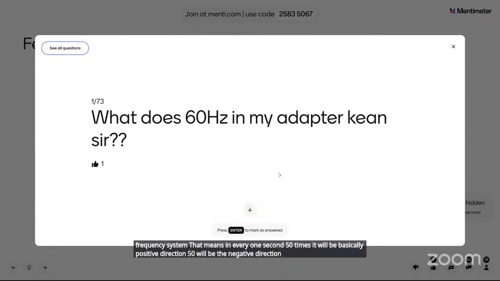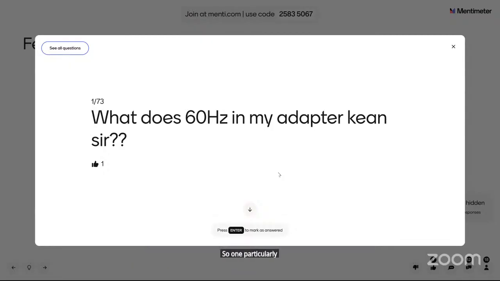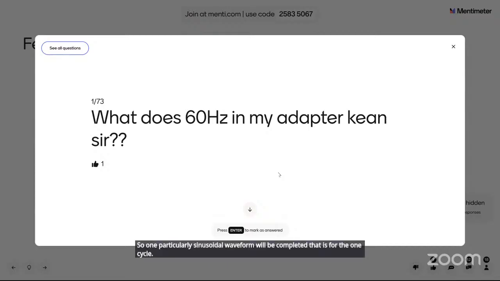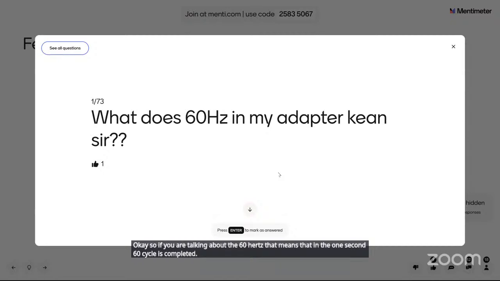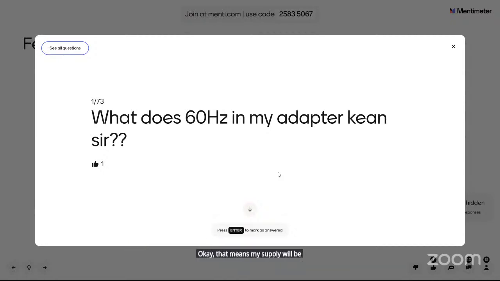For a sinusoidal signal, one sinusoidal waveform completed is called 1 cycle. So 60 hertz means 60 cycles are completed in 1 second, that is, my supply moves in sinusoidal form 60 times in 1 second. But in India it is 50 hertz.